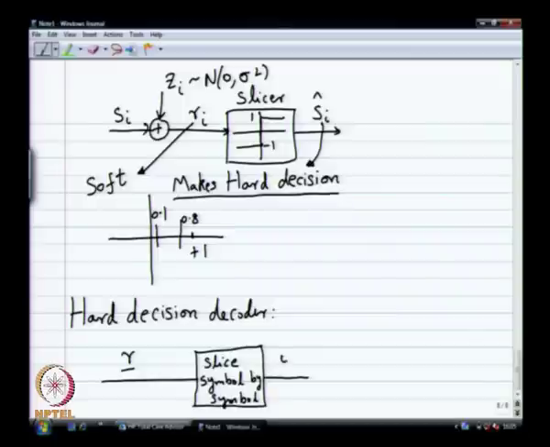Let me call that y, the vector y. What is this vector y? Basically, this is what you get after slicing Ri. So y is y1, y2, ..., yn, yi is -1 or +1, and yi is the sliced version of Ri.